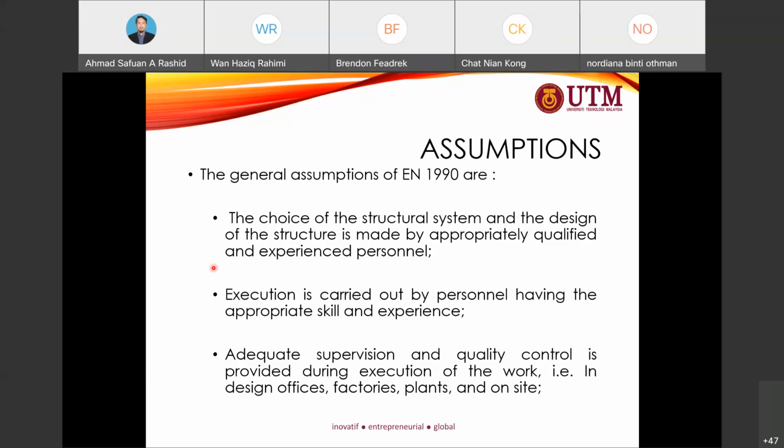So it means that qualified personnel, and experience, is the main characteristic for those who want to design the structural system. At the same time, supervision should be carried out adequately at the site, and there should be good quality control during the execution process.